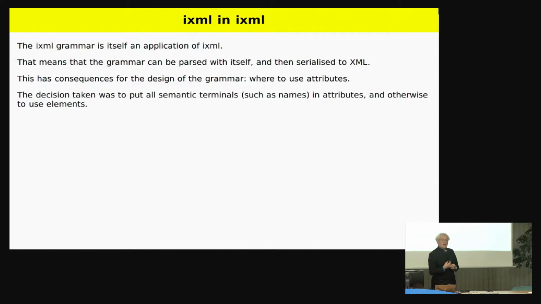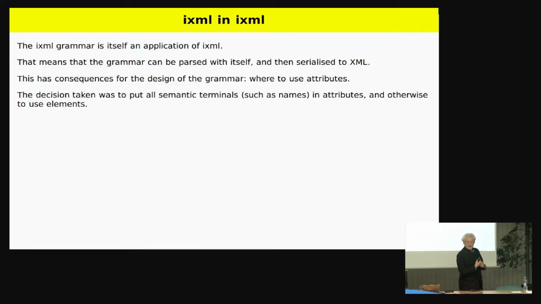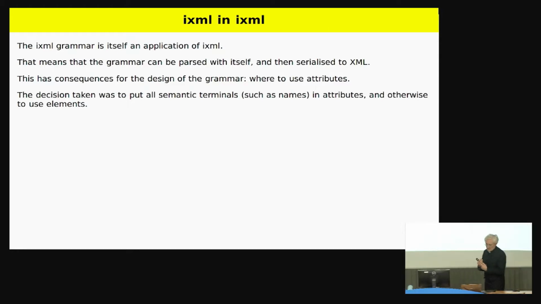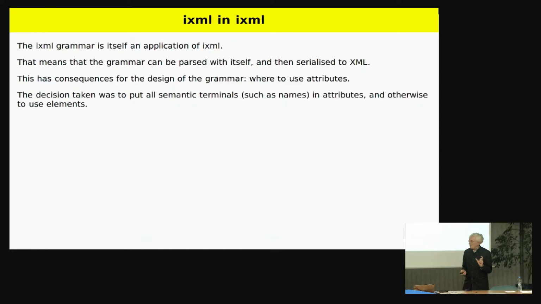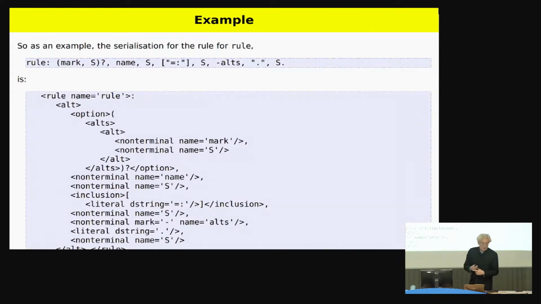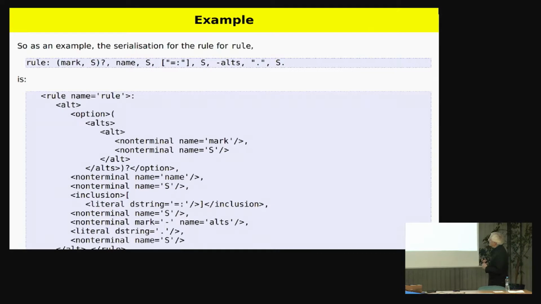And so what we decided was to put all semantic terminal symbols in attributes and just leave the rest in the elements, so that attributes are the place where all the semantic information goes. So this is just part of an example of the serialization.